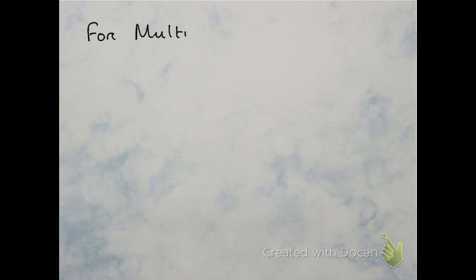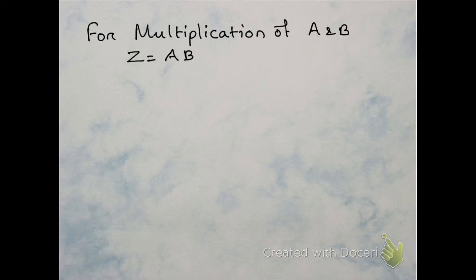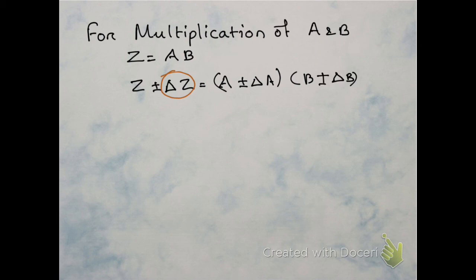Now let's talk about how we calculate the error in the case of multiplication. There are two physical parameters as before, A and B, and the ultimate parameter is Z. So Z plus delta Z, where delta Z is the absolute error we need to find out. So we have to multiply it. When we multiply and expand these two terms, we get it like this.